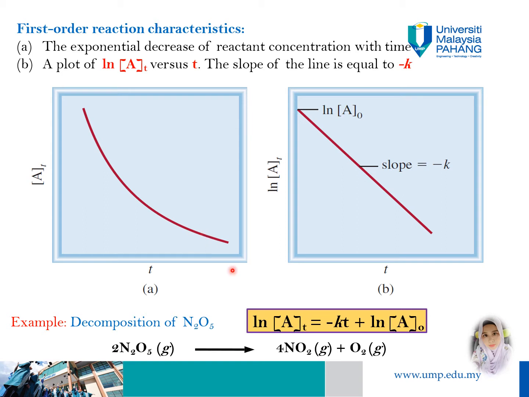And then when you rearrange the equation following y equals mx plus c, by plotting ln of the concentration of A at time t versus t, you can get a straight line with the slope of negative k. Okay. For example, the decomposition of nitrogen dioxide, you can calculate the rate of reaction according to the first order reaction.